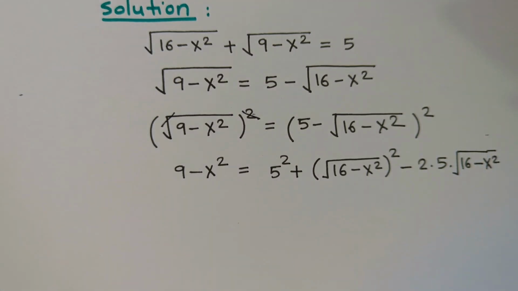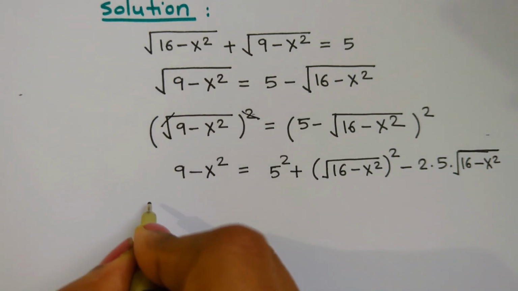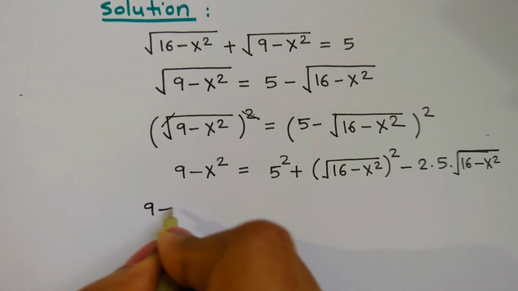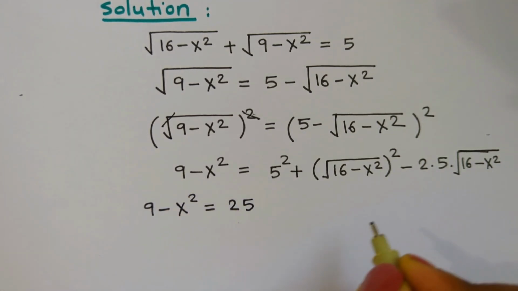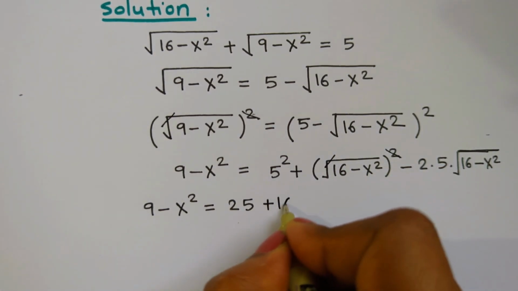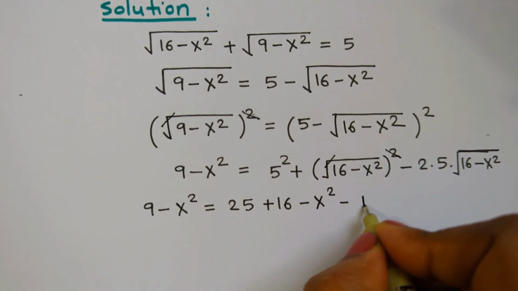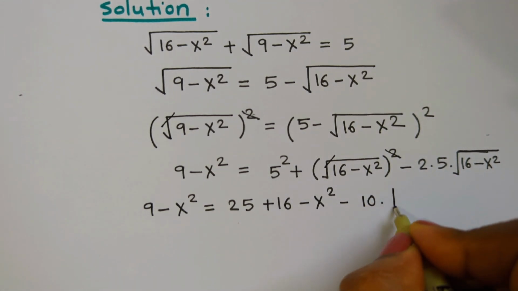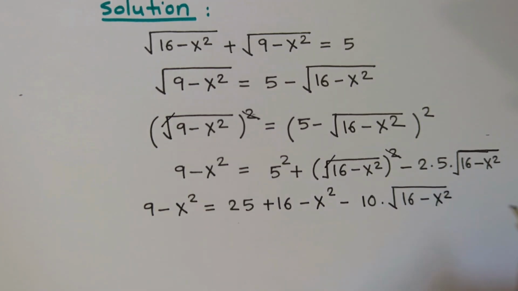Okay, let's simplify this equation. 9 minus x square is equal to 25, square root and square get cancelled out, plus 16 minus x square minus 2 into 5, 10 into square root of 16 minus x square.